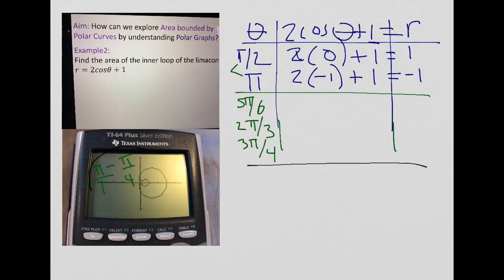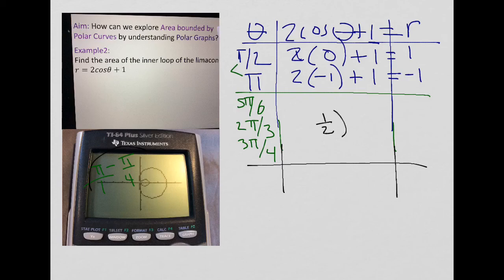Okay? So now that you have an idea of what I was getting at, let's actually plug it into our function. The easiest one to do here that doesn't have anything to do with radicals would be the 2 pi over 3, because the cosine of pi over 3 is 1/2.